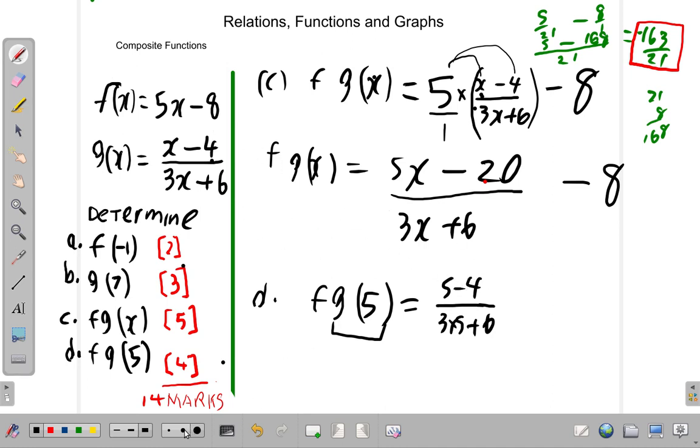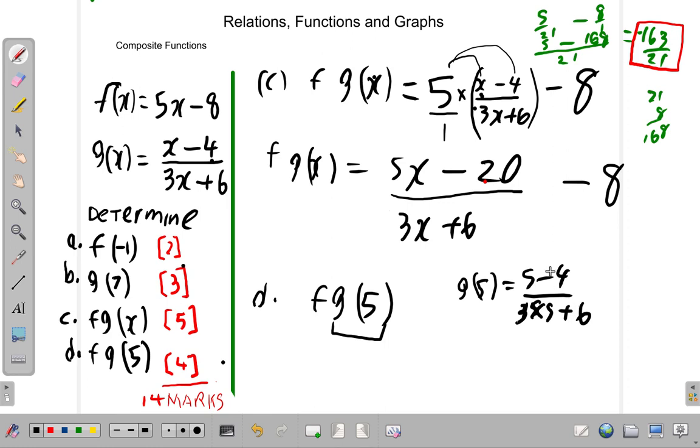But let's work it out step by step. We find g of 5 to be 5 minus 4 over 3 times 5 plus 6.